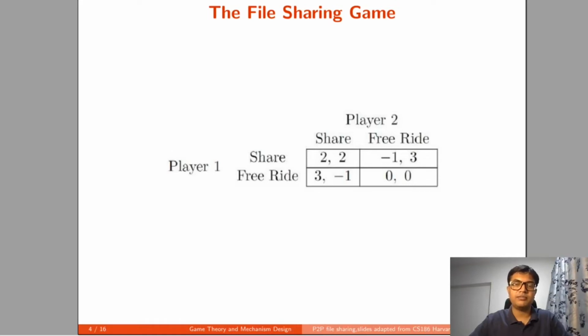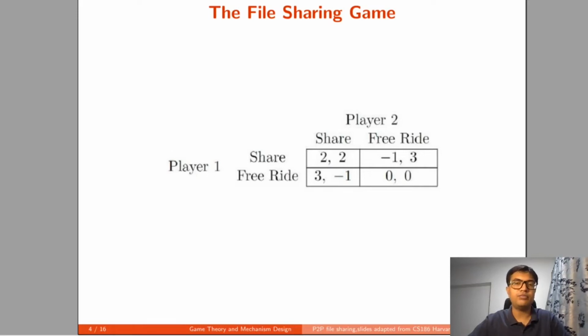Now, this game matrix essentially shows how much utility or benefit they get when they pick a certain strategy profile. So if both players are sharing, imagining that they have complementary files, player 1 is trying to download, let's say, a music file, and player 2 is trying to download some other file, let's say a book file.